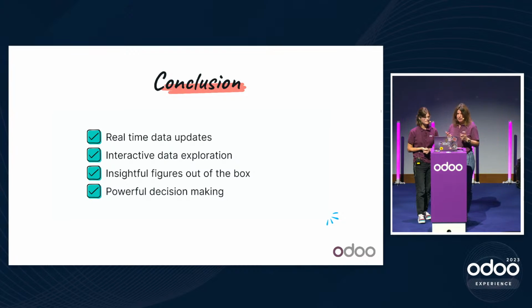Imagine the added value of having that kind of tools. With a super user-friendly interface and the real-time data capabilities, it empowers users to make smart decisions swiftly. So let's take this tool with us and use it to make our businesses stronger, smarter, and ready for whatever comes our way. Thank you for your attention.